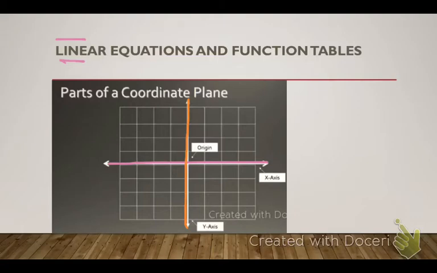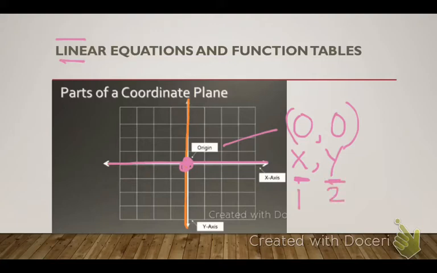But the part in the middle that we need to really focus on is what we call the origin, right there in the middle. And the origin is actually 0, 0. That's the ordered pair. Our x-coordinate is 0. Our y-coordinate is 0. Remember, when you do this, the x-axis number goes first and the y-axis number goes second.